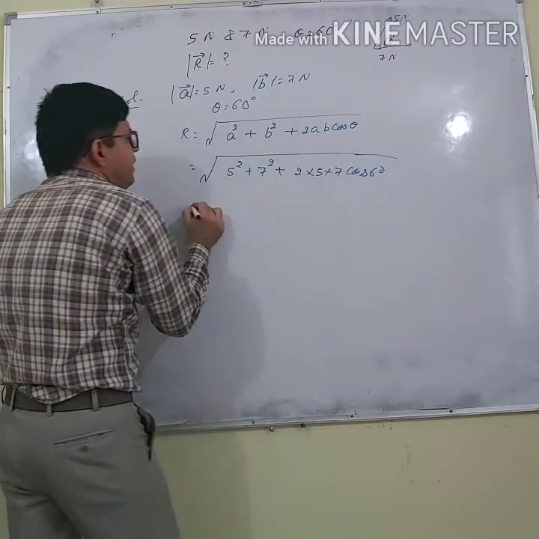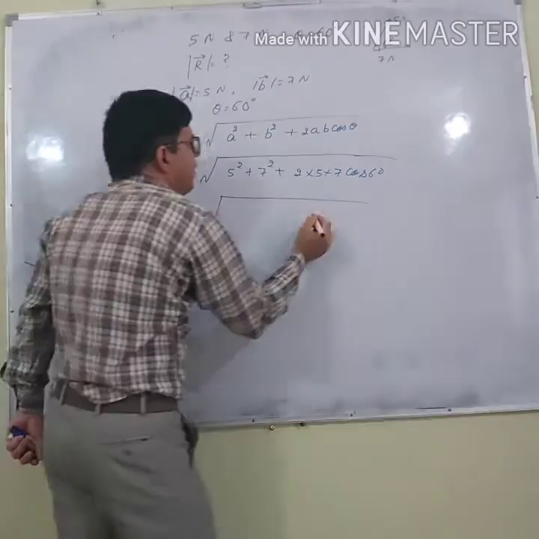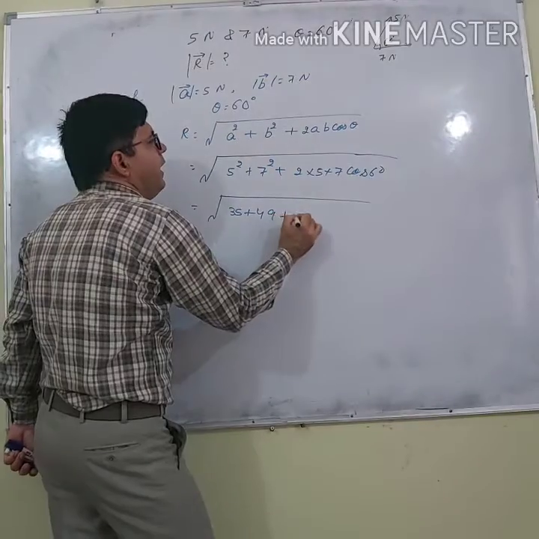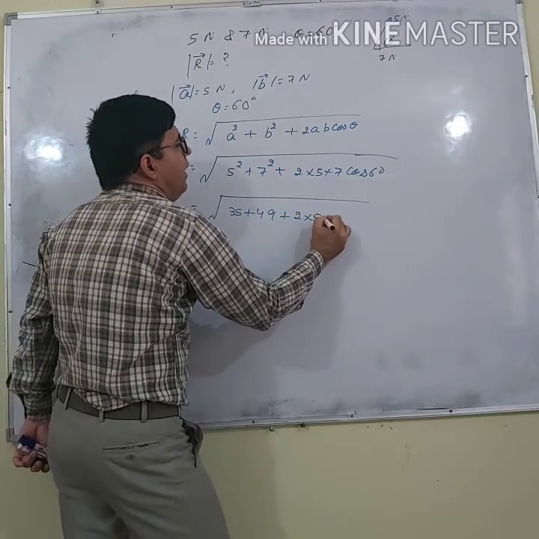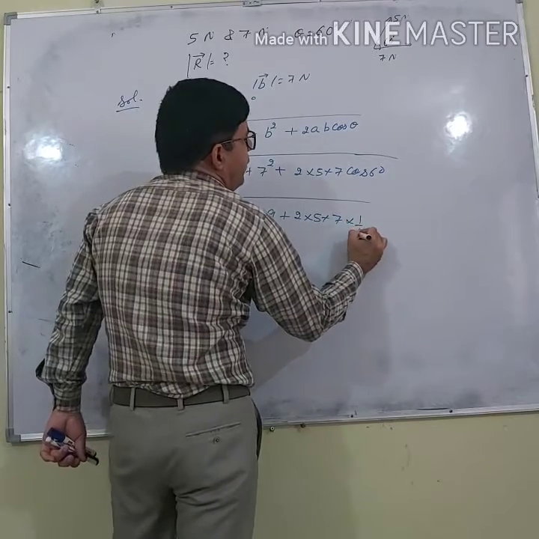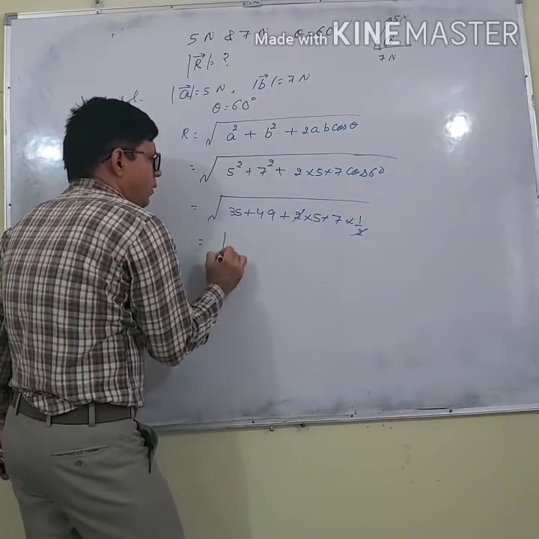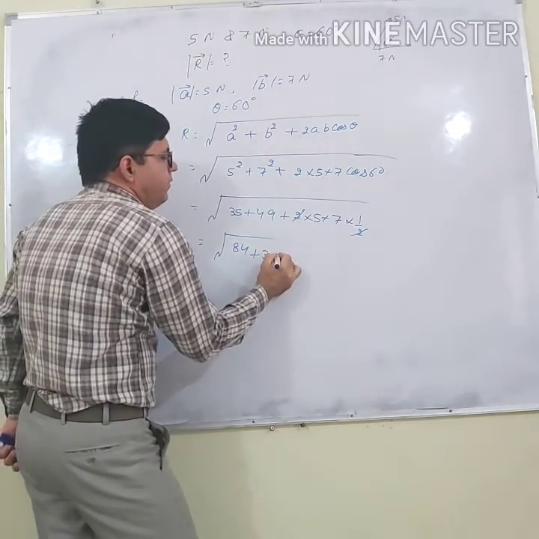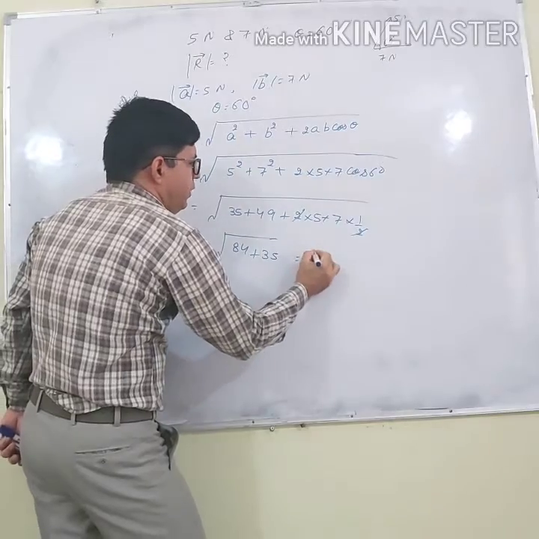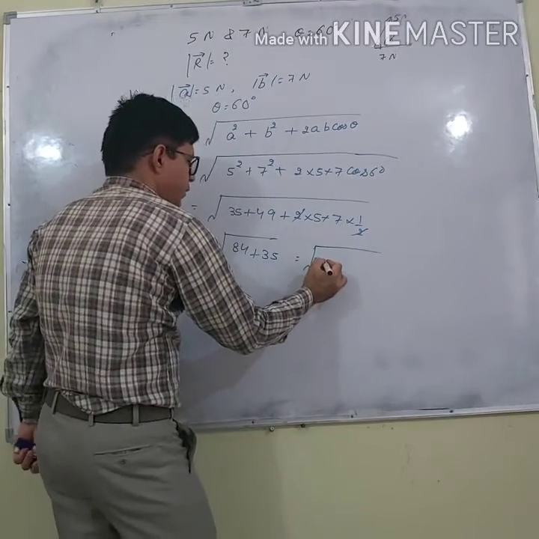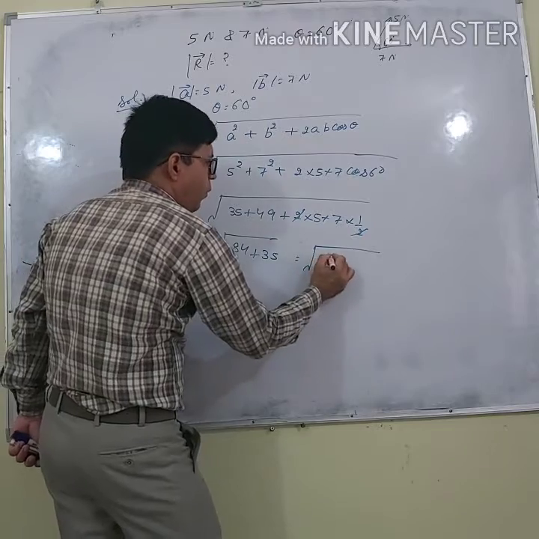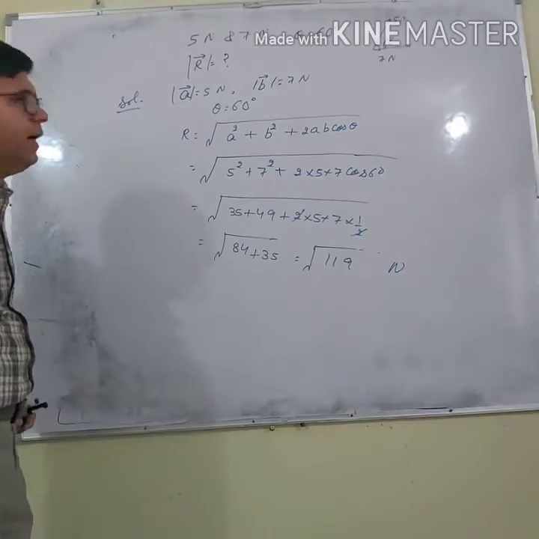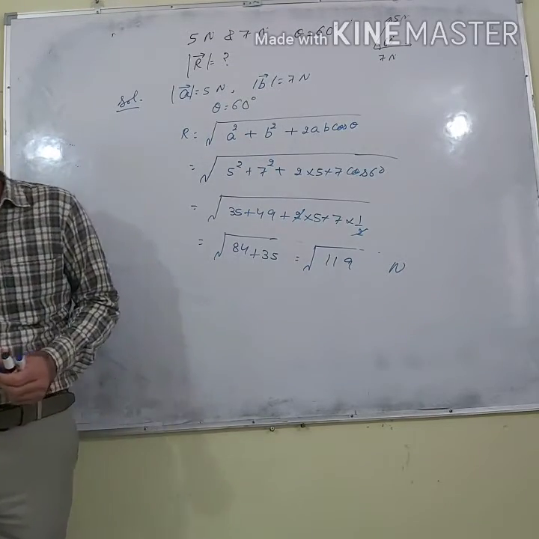And what is cos 60? Cos 60 is half. So I can write 25 plus 49, and 2 multiplied by 5 multiplied by 7 multiplied by half, the half is cancelled, so this is 35. 74 plus 35, so when you solve this, it will be square root of 109 Newton.